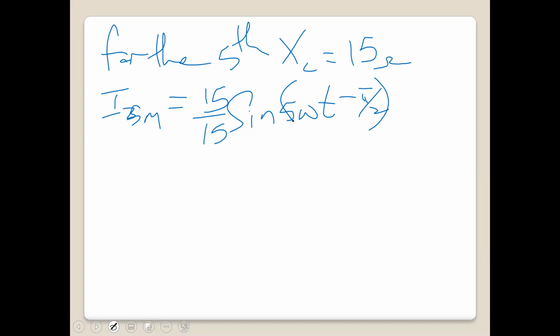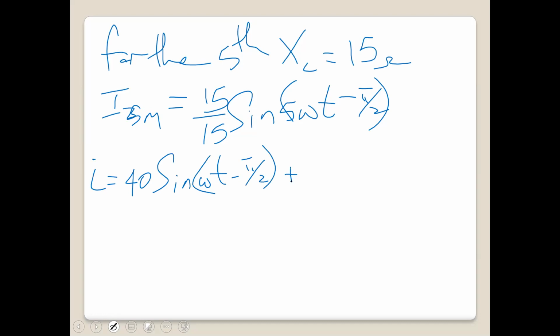All right. So now what you were asked for was the current expression. So I can now write the current expression. So we now put all of them together. For the fundamental, it was 40 sine omega t minus pi over 2.